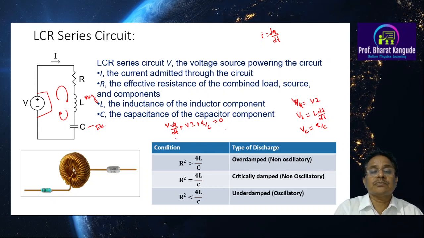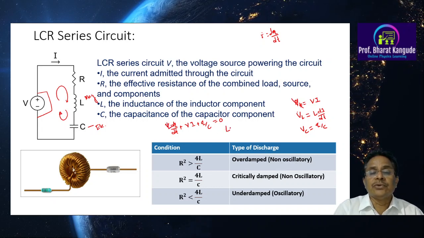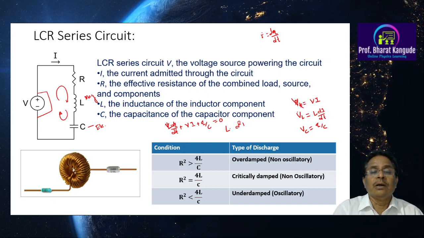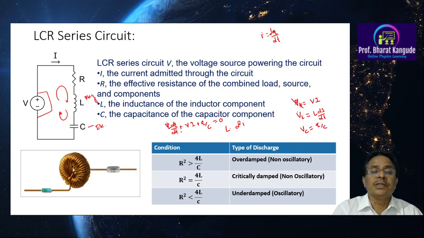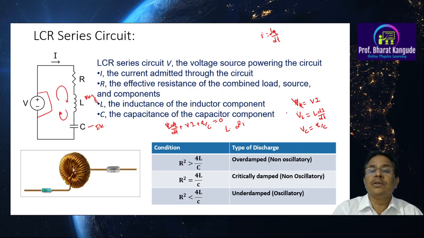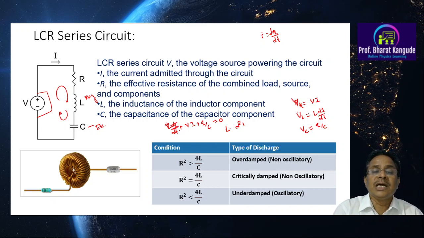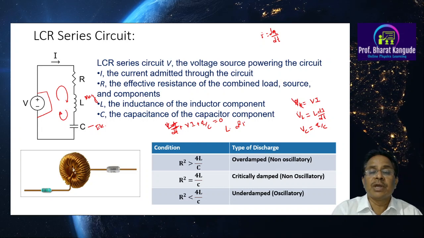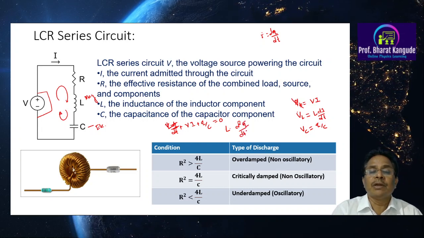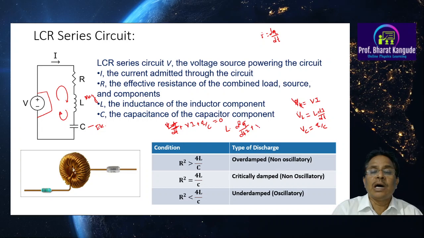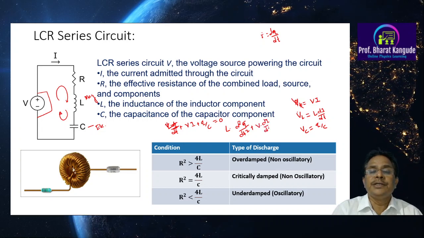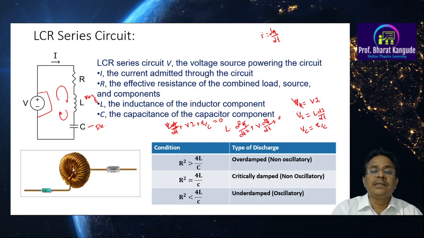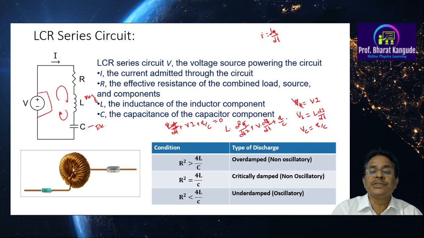Therefore this expression becomes L into di upon dt, which is dq upon dt differentiated again, so it is d square q upon dt square, plus R into I, which is nothing but R into dq upon dt, and the last term is plus q upon C is equal to 0.